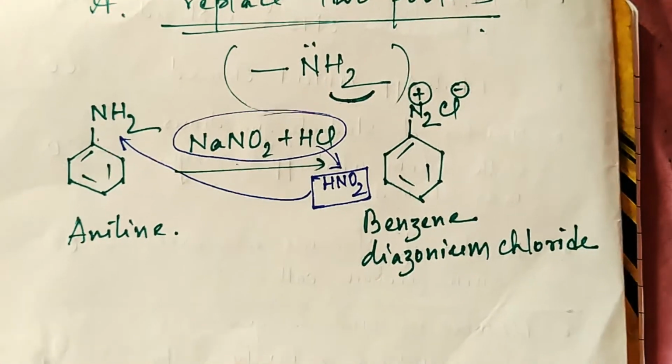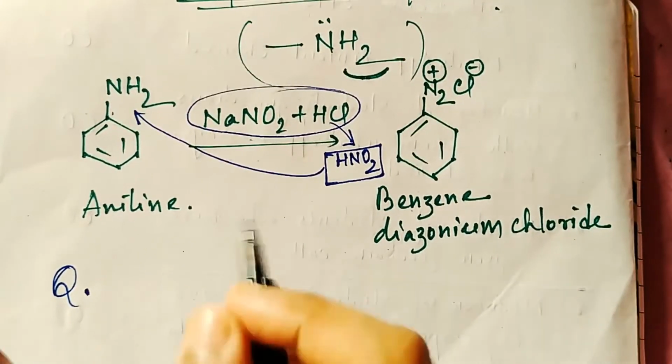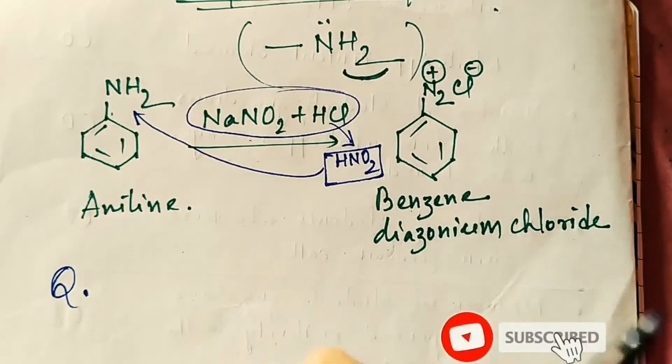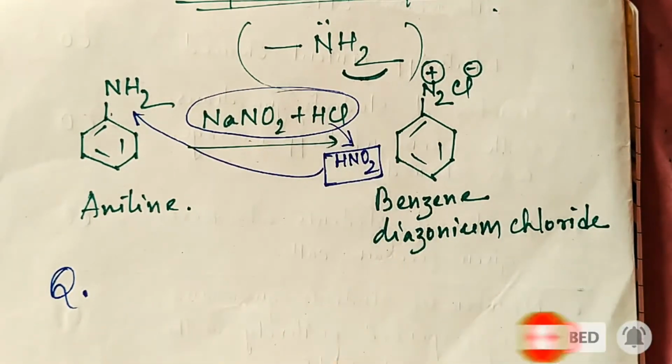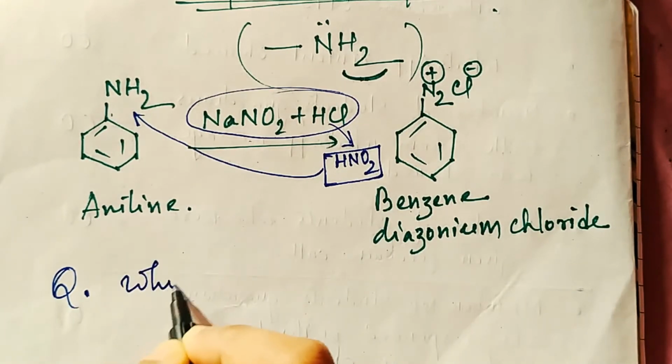Now there is another question: why is HNO2 not used directly? Why is the NaNO2 and HCl mixture used here?